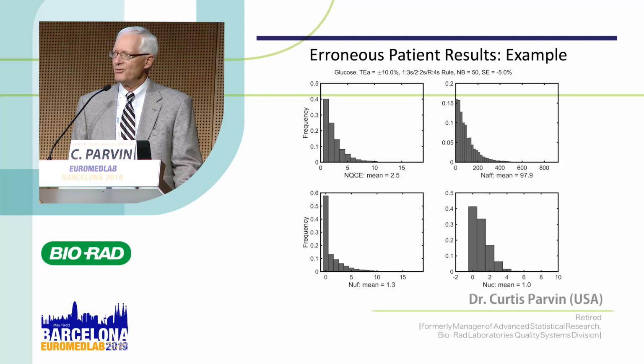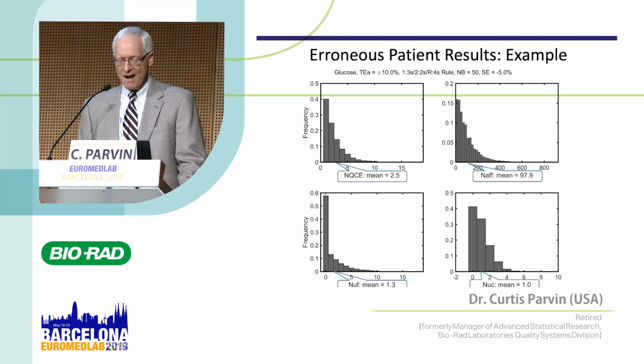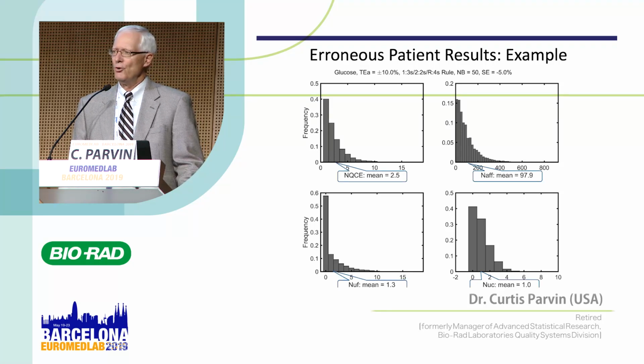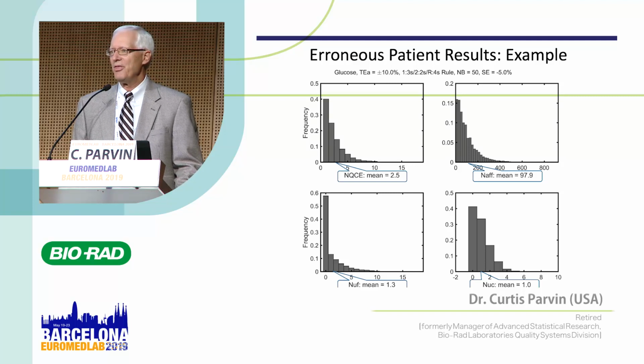The upper left panel is the number of QC events to detection. The upper right panel is the number of patient results affected. The lower left is the number of erroneous final results, and the lower right is the number of erroneous correctable results. If we compute the average of those distributions, those are parameters that are of interest to me. I've denoted them here with the notation that I use in my work to represent them.